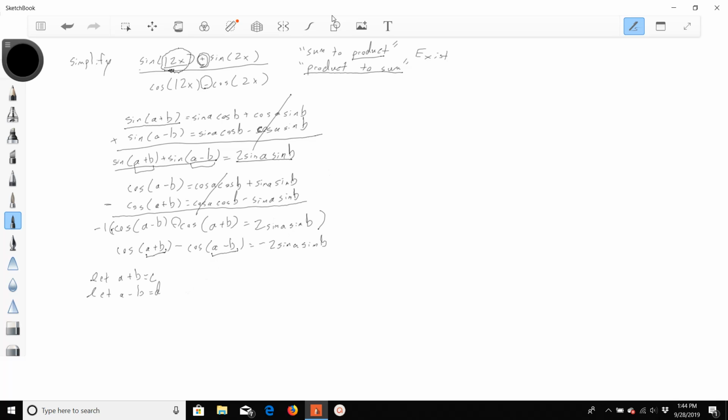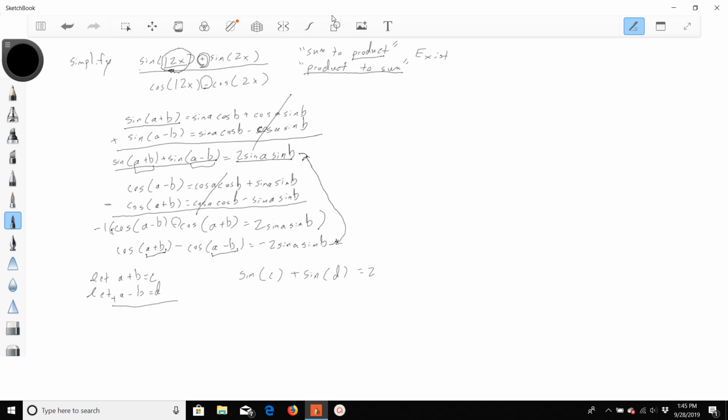Now, from this formula and this formula, I'm going to use that. So sine of a plus b, we let it be c, so sine c plus sine d, because we define d as a minus b, is equal to 2. Now I'm going to add and subtract these two equations.